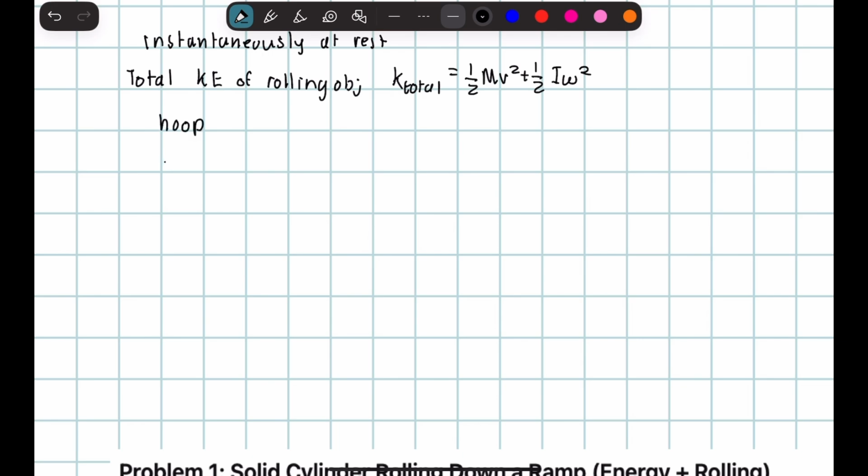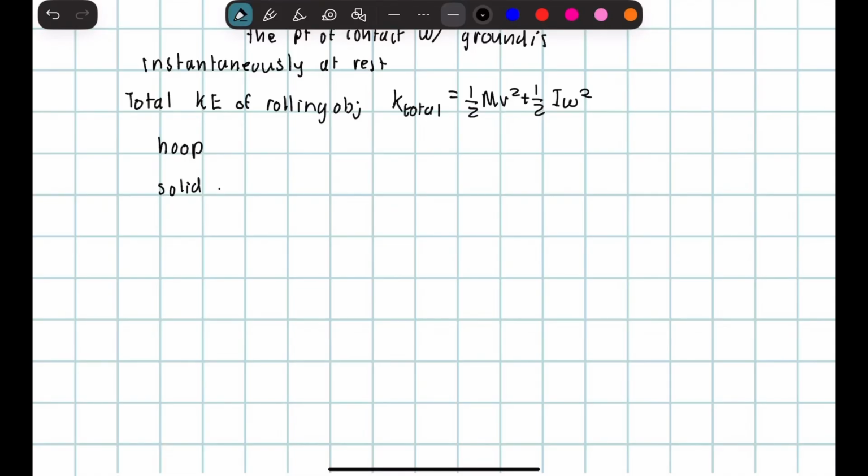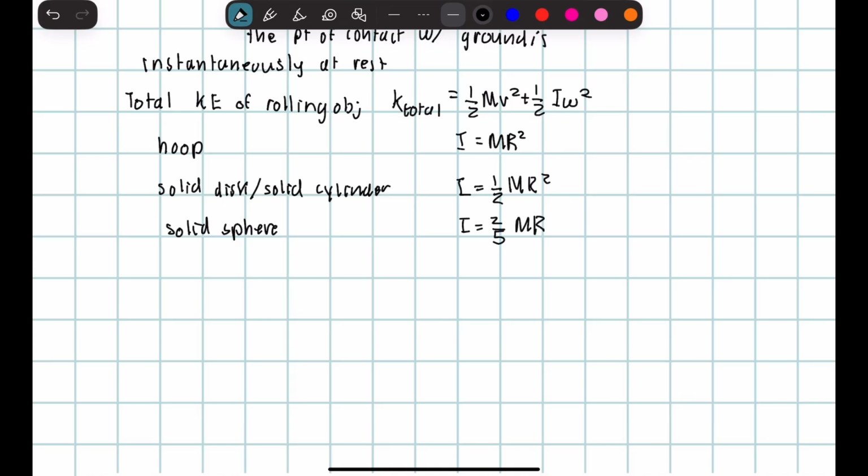For our purposes today, what you really need to know are the moments of inertia for these three shapes: a solid disk slash a solid cylinder, and also a solid sphere. Respectively, that is I equal to mr squared, I equal to 1/2 mr squared, and I equal to 2/5 mr squared.